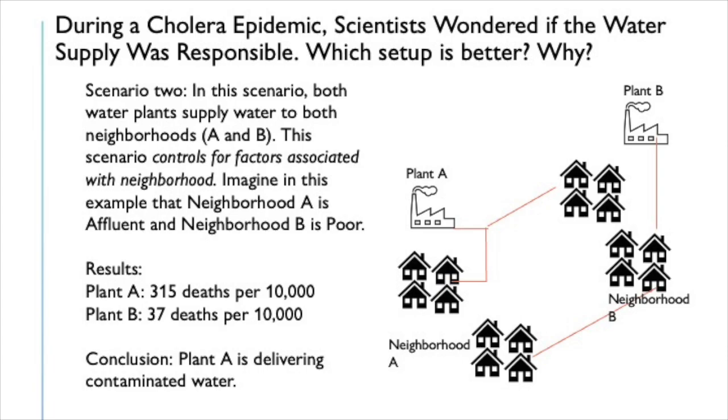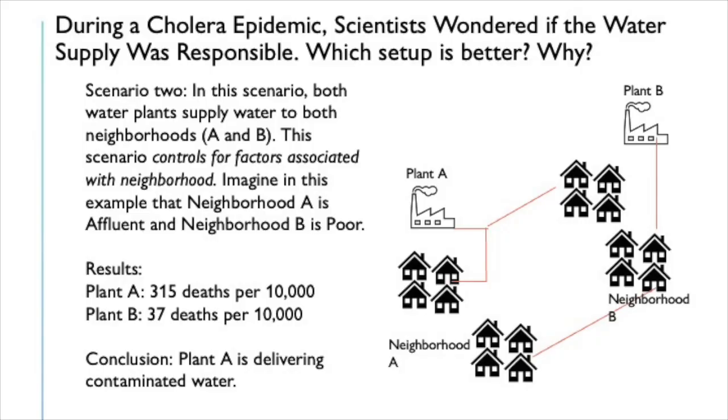And plant B had only 37 deaths per 10,000, so a significant drop in plant B deaths and a significant rise in plant A deaths. Obviously here it looks like plant A is responsible for cholera deaths, because suddenly we see a much stronger correlation between the neighborhoods it delivers to, or the houses it delivers water to, and cholera deaths.